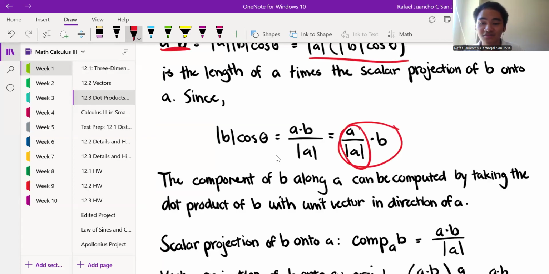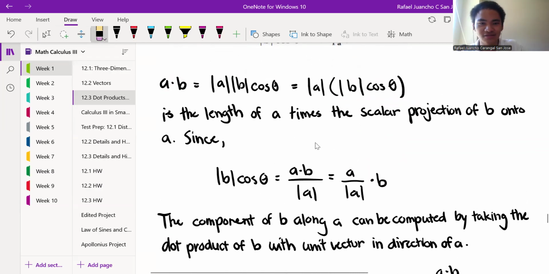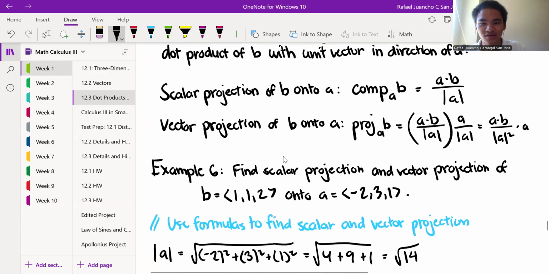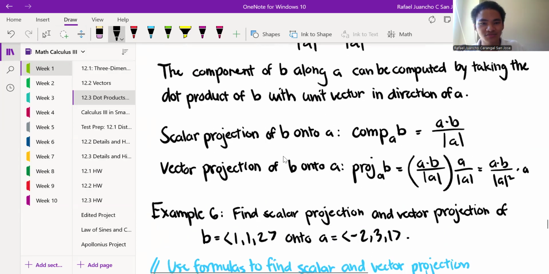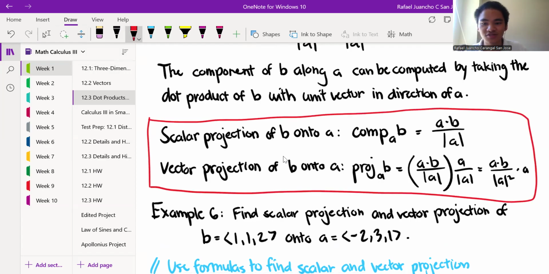It's basically the vector itself divided by its length. And that will give us 1. Remember from our, pretty sure it was the previous chapter about vectors, where we talked about unit vectors. And that's the idea, right? And here, this is where we got our final formula. So scalar projection and vector projection.